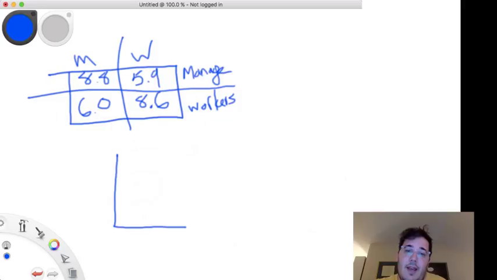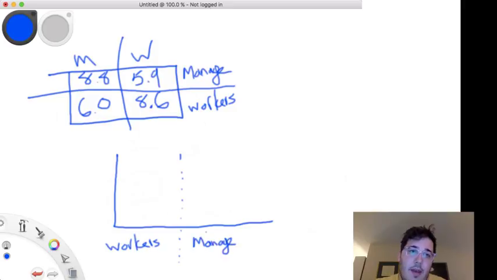So again, if you were to draw it, where you had workers and management, you could draw for workers. So let's draw men first. So male workers think it's low, and male management think it's high. So we have 8.8 and 6.